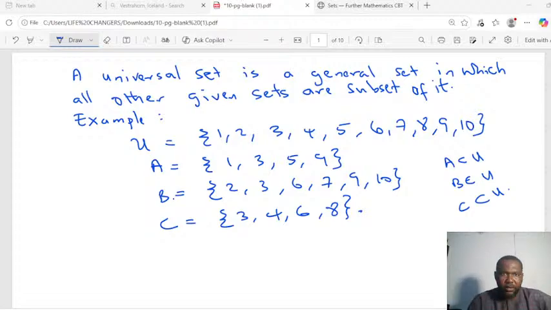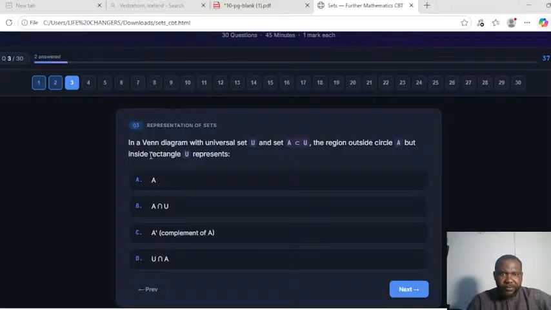Now let's go back to the question. So the question now says, in a Venn diagram with universal set U, the set A is a subset of U. The region outside circle A but inside circle U represents. Oh, okay.